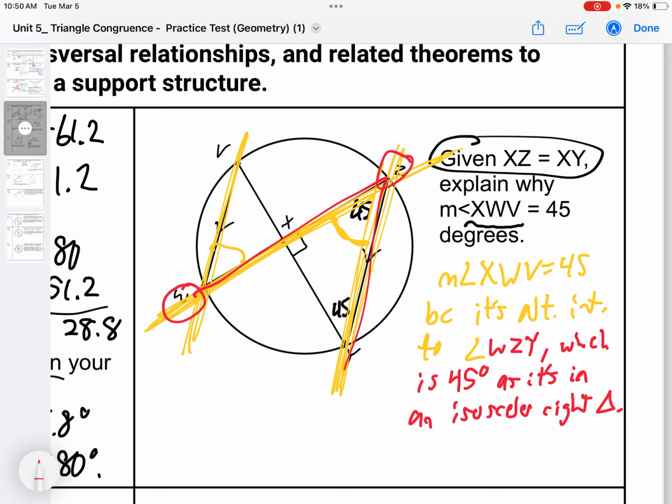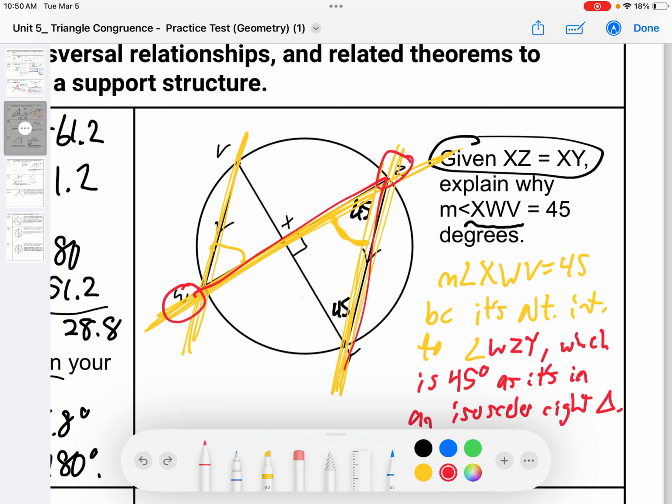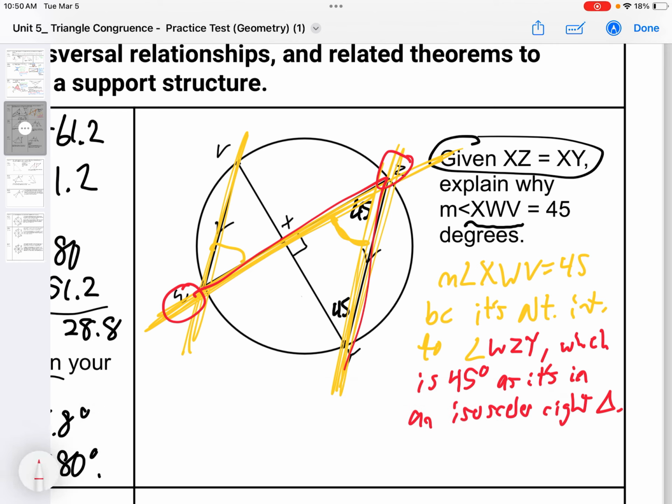That's it. What are the two steps here? Figure out that these are both 45 because it's isosceles and has to add up to 180. Remember that, two steps. Find out that these two are both 45 because it's isosceles and adds up to 180. And then discover that this is congruent to this because they're alternate interior angles. That's why.